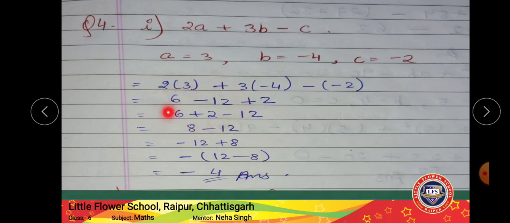So plus 6 and plus 2 is 8, and minus 12. 8 minus 12 is, see, now plus minus is minus, so we will subtract the digits, right? So 12 minus 8 is 4, and the answer will be negative because the greater number has a negative sign, right? So the answer is minus 4.